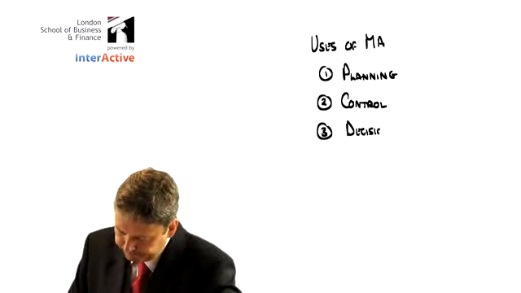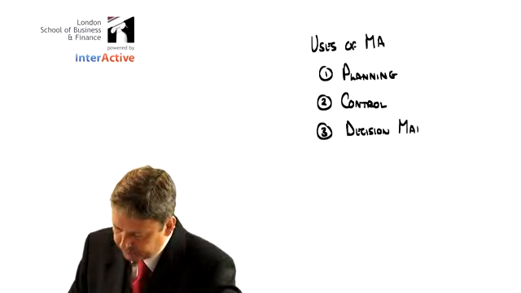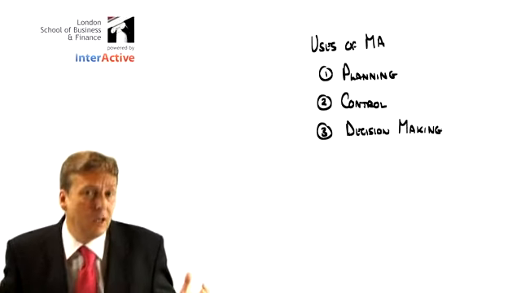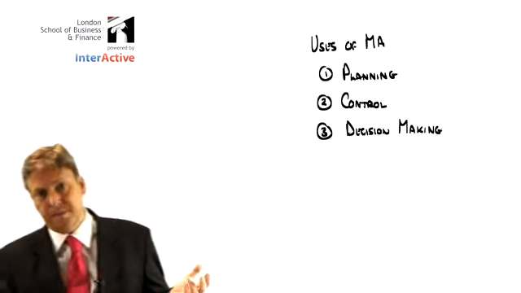And 3, decision making. I will tell you that when you look at F5 or P5, you may be looking at more sophisticated ideas at the higher level papers. But in essence, this is all you're doing, and you heard it here first.